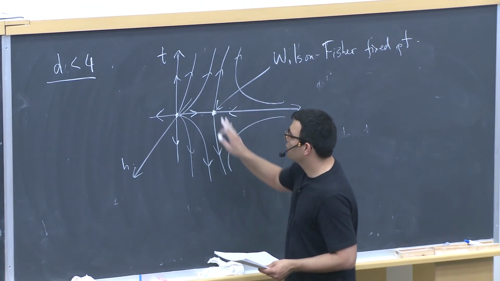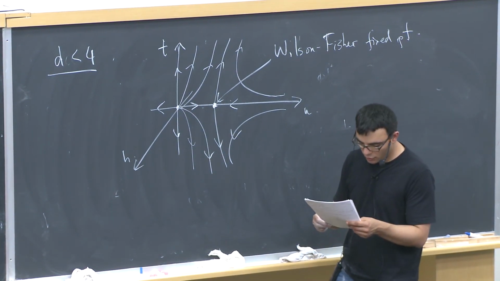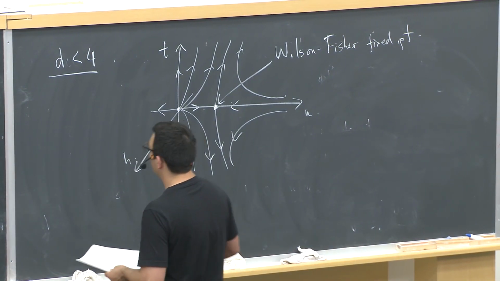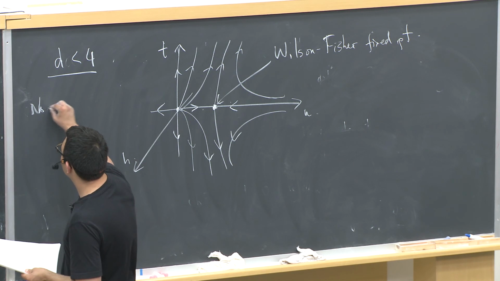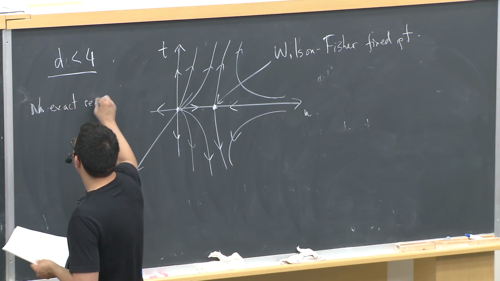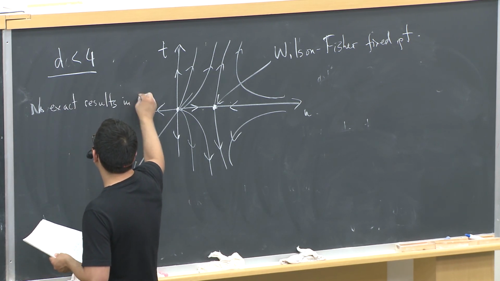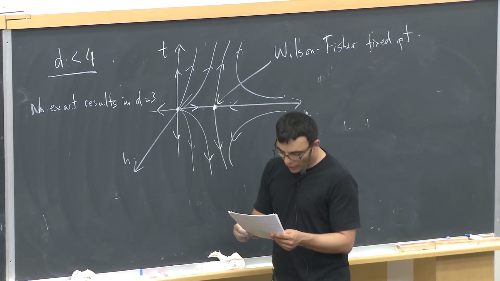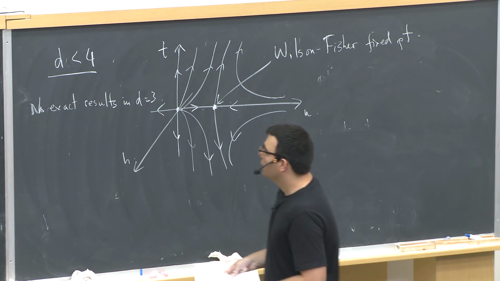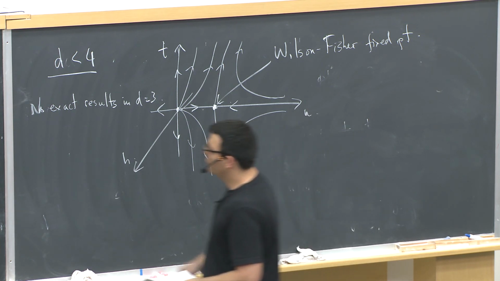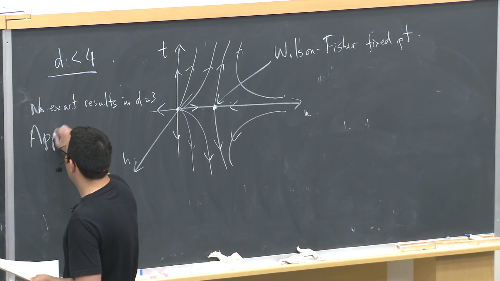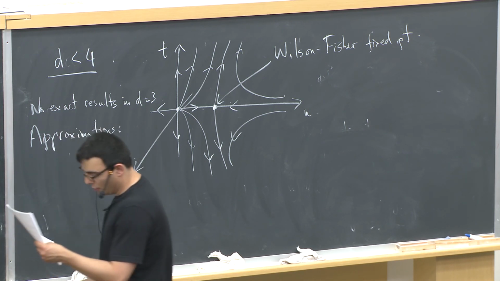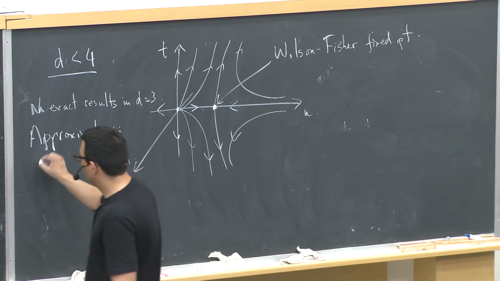So the question is, how do we study this other fixed point? And unfortunately, there are no exact results in D equals 3, which is the case of interest. So we have to make some approximations. And there are 2 approximations, and I want to discuss them. One of them is the 4 minus epsilon expansion.